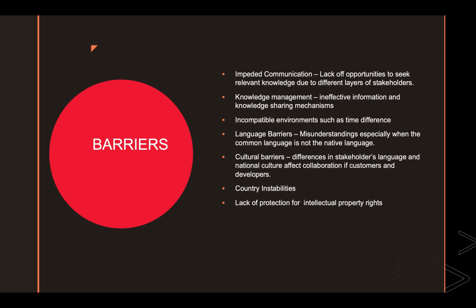In global requirements engineering, there are certain levels and layers of stakeholders that a developer may have to go through, and these play a huge role in getting to know the requirements and which requirements are better, the functional or the non-functional requirements which are necessary. And so impeded communication comes in when the requirements are not communicated effectively.